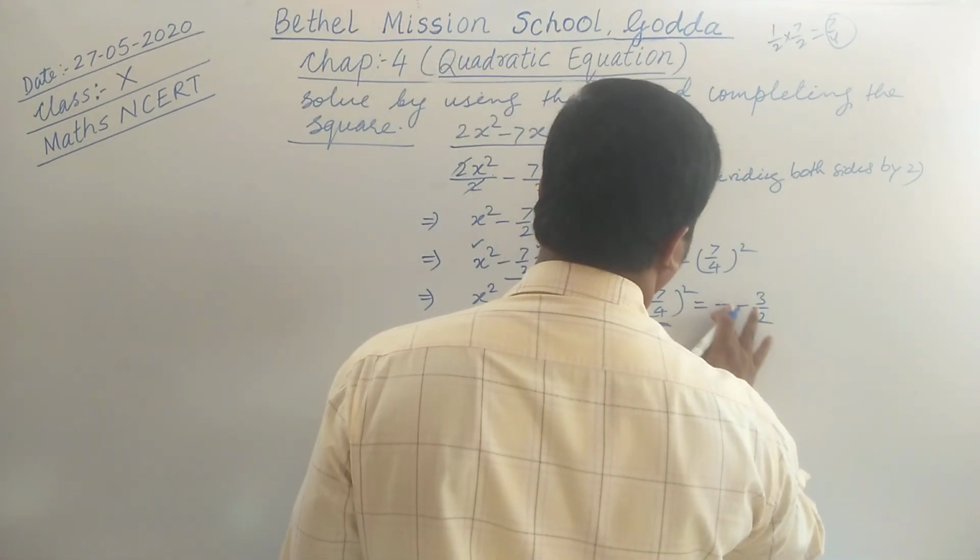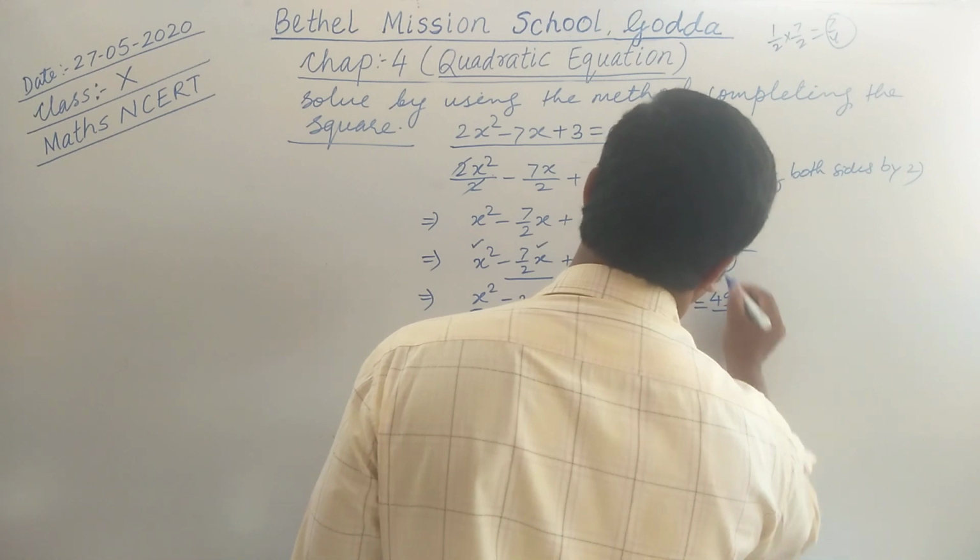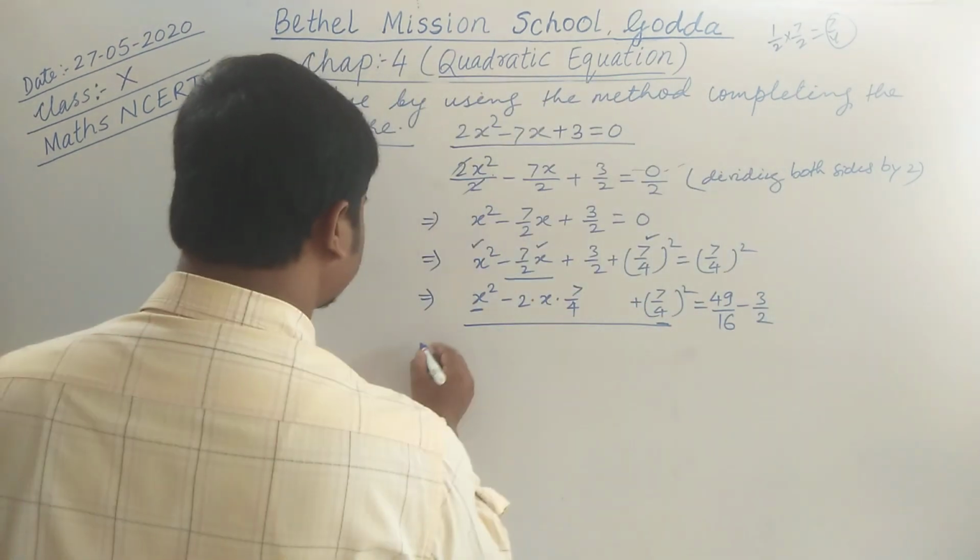We write the square of 7/4: 7 × 7 is 49 and 4 × 4 is 16.